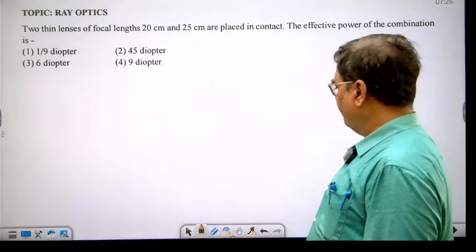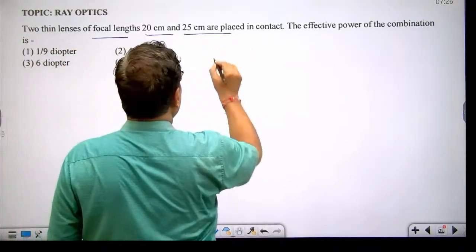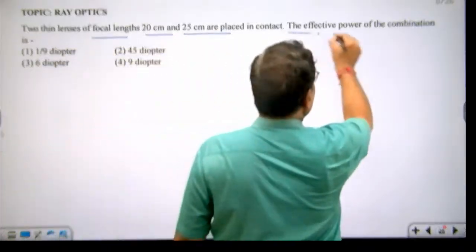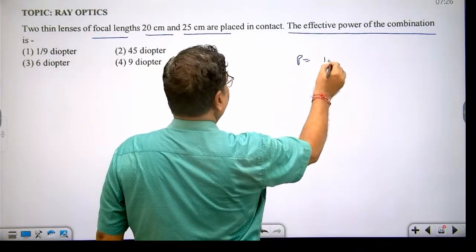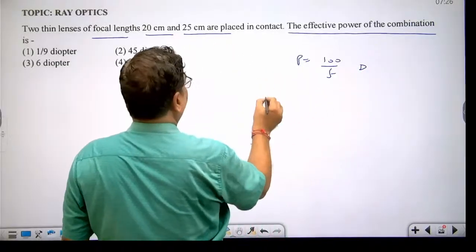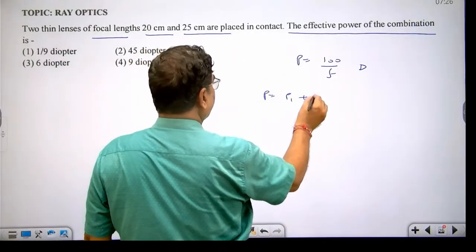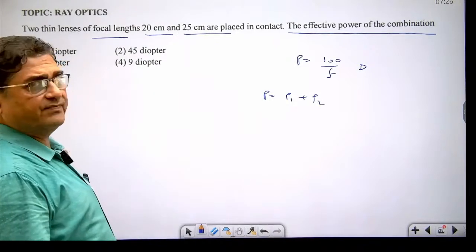Two thin lenses of focal lengths 20 centimeter and 25 centimeter are placed in contact. The effective power. Power is written as 100 upon f when f is in centimeter, and the unit is diopter. And when lenses are in contact, power equals P1 plus P2, and power for a convex lens we take to be positive.